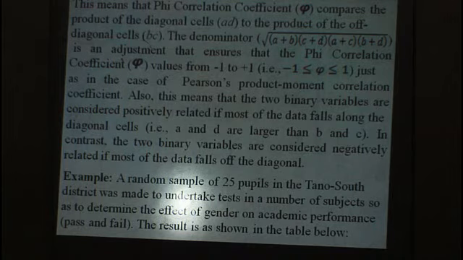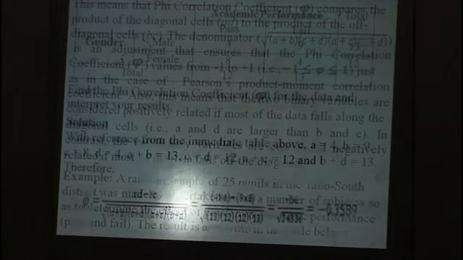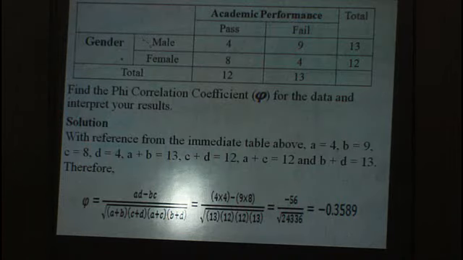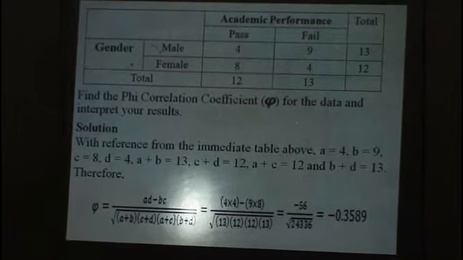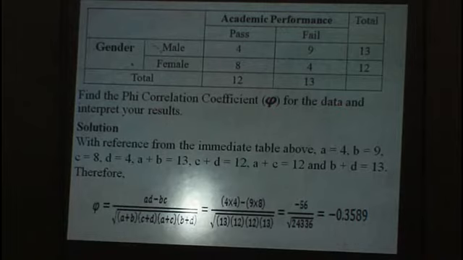The result is as shown in the table below, the summary of the whole result. The question is, find the phi correlation coefficient for the data and interpret your results.